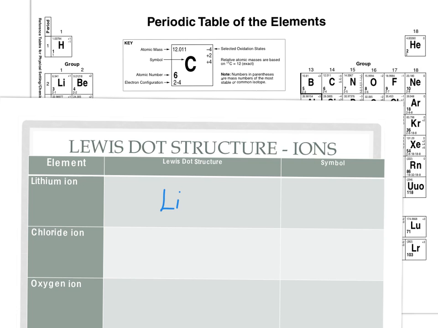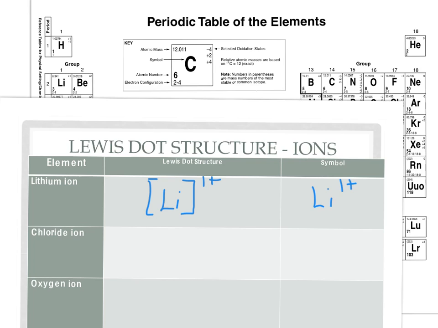So we're going to put a bracket around Li. And we are going to put a 1 positive charge. The symbol for lithium ion will be Li, 1 positive charge. Note that the positive goes behind the number.